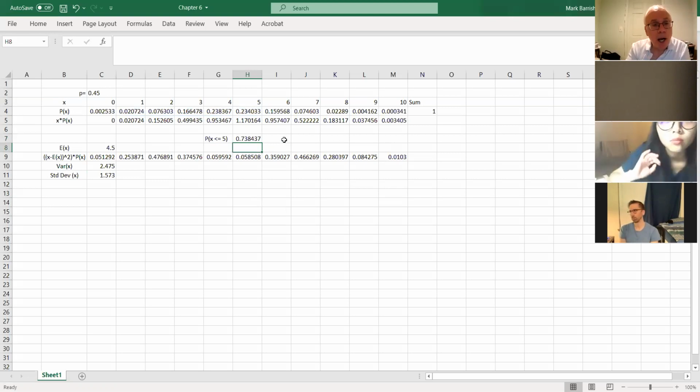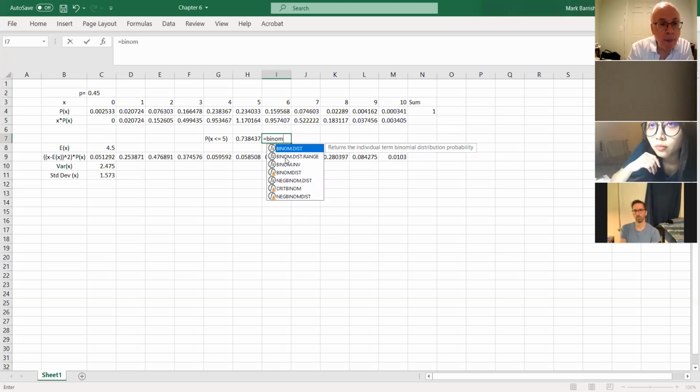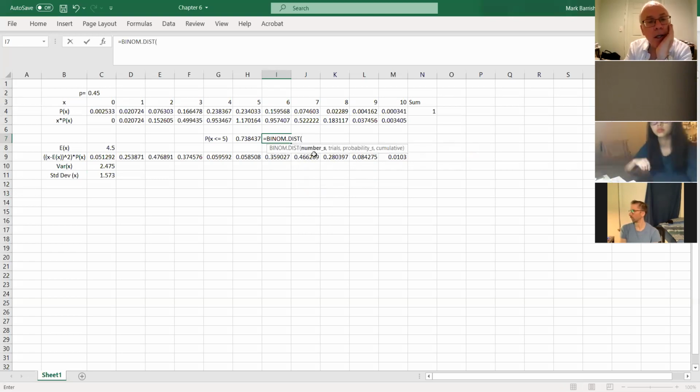Or I can use the cumulative distribution. The way to do that is I'm going to do equal to, all right? In this cell right here, I'm going to do binom. Of course, I have to actually spell it right. Binom. Here it is. It's the very first one listed. Now notice it gives you in Excel exactly what is in each position.